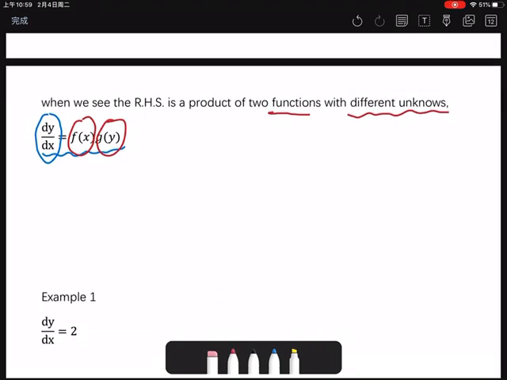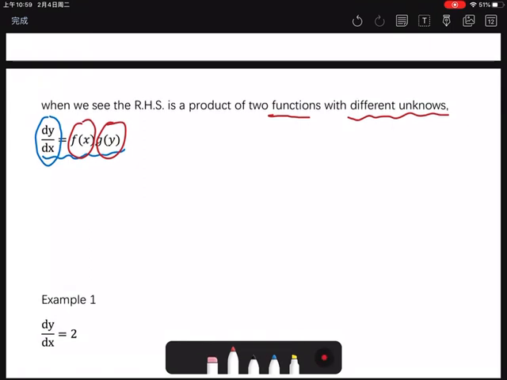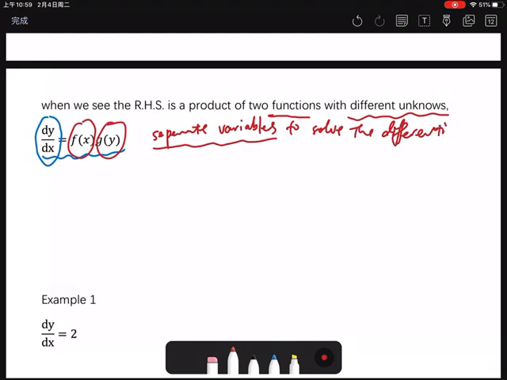So for this kind of differential equations, we can use a method called separate variables to solve the differential equations.